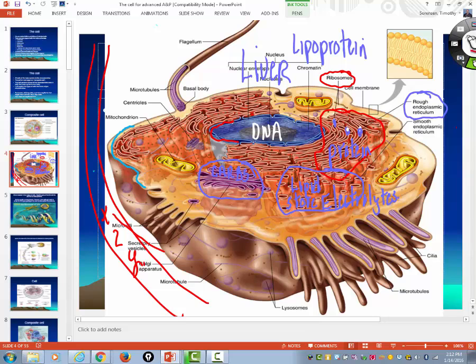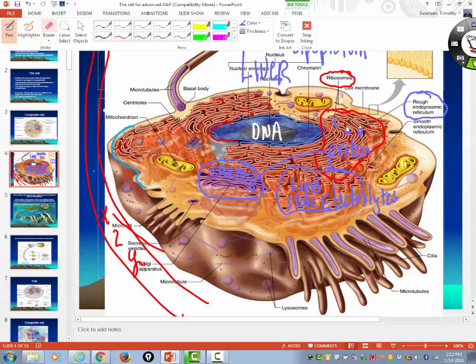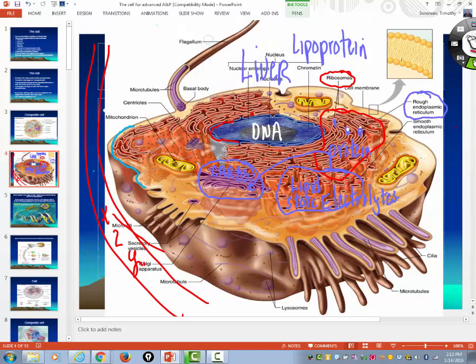And then the protein from the rough and the lipid from the smooth endoplasmic reticulum, right? They go to the Golgi apparatus where they're chemically combined to form a lipoprotein. Then you have this lipoprotein that's made in the Golgi apparatus.